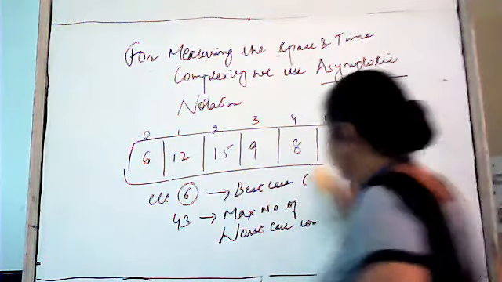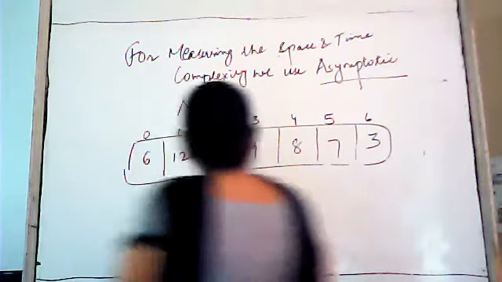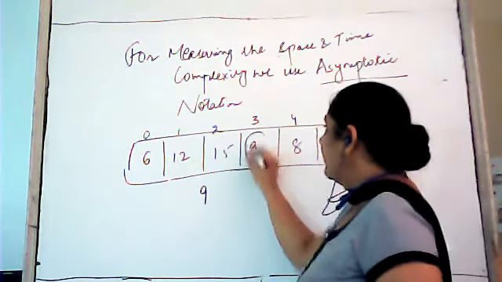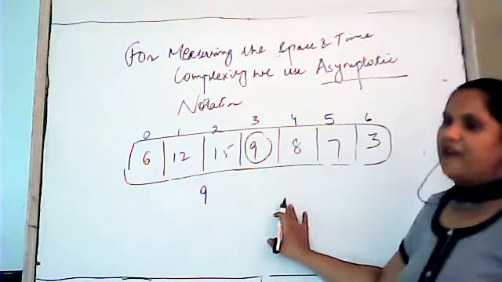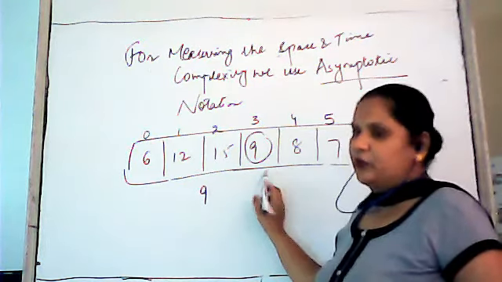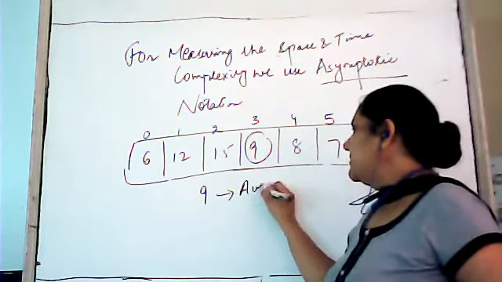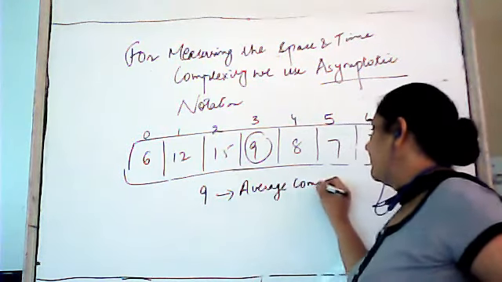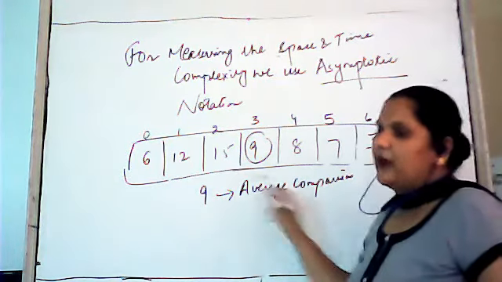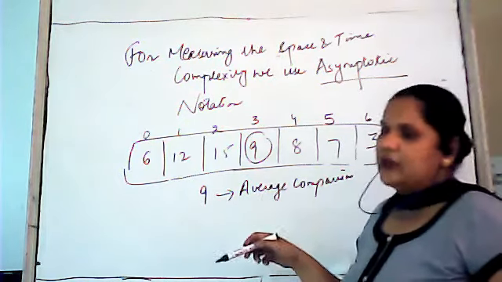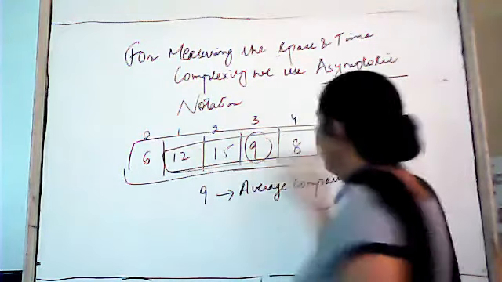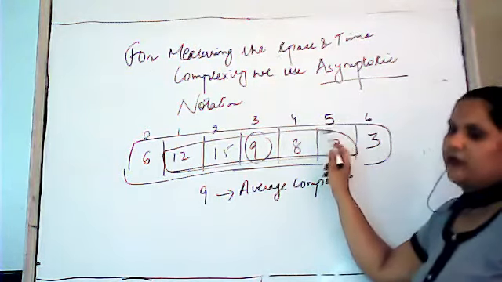Now, suppose I am looking for element 9. It is somewhere in the middle. That means I have to make an average number of comparisons. 1, 2, 3 comparisons I have made and I have found it at the 4th location. So average comparisons. That means my element is somewhere in the middle, after the first location and before the last position, from index 1 to index 5.